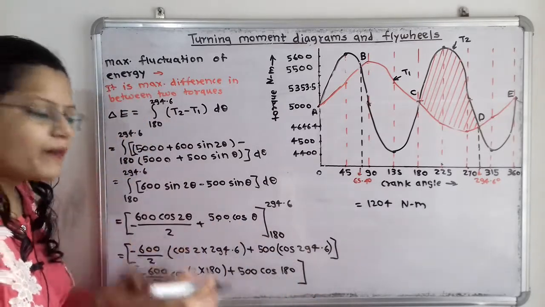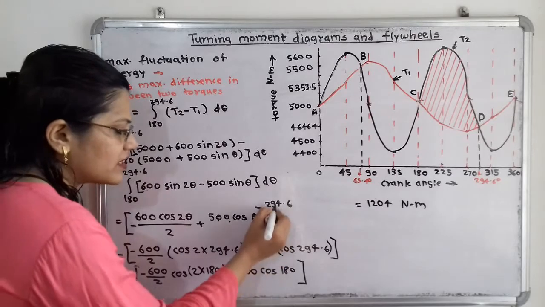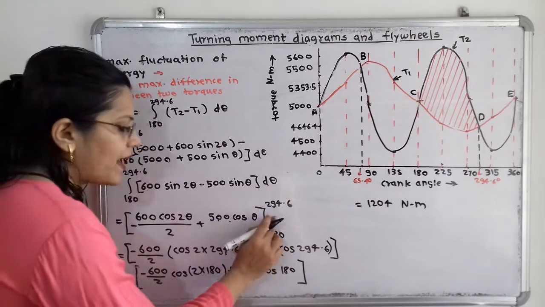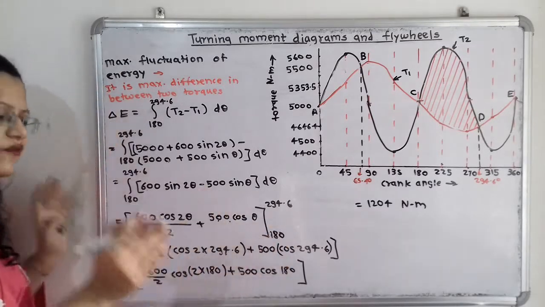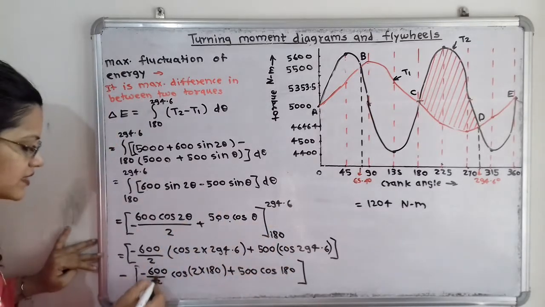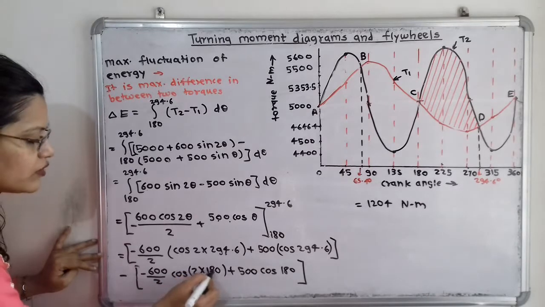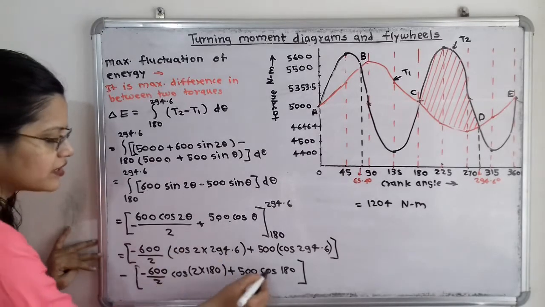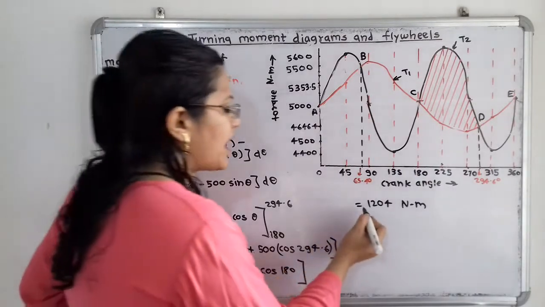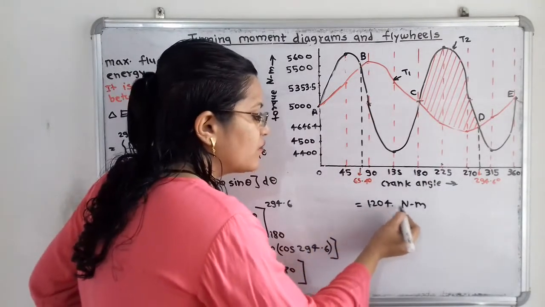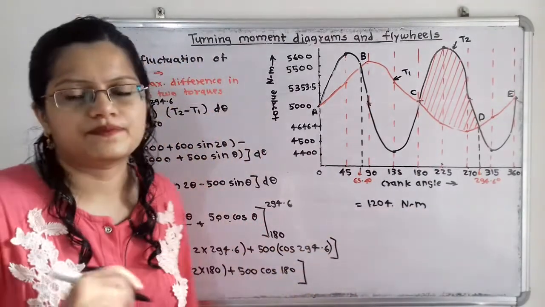Now a minus sign, because we have to take the difference between the two limits, so minus in the other bracket. Instead of theta we put 180: minus 600 by 2 cos of 2 into 180 plus 500 cos of 180. If we solve all this, we get the answer, 1204 Newton meter.